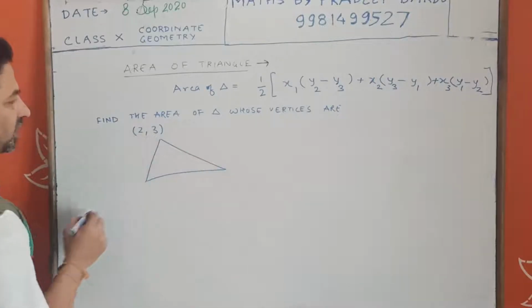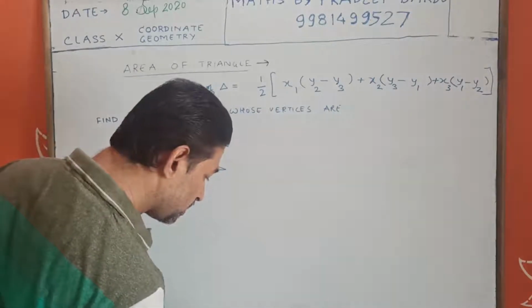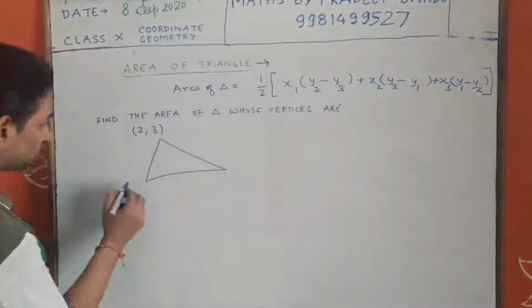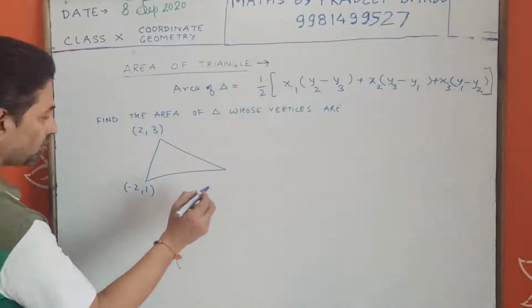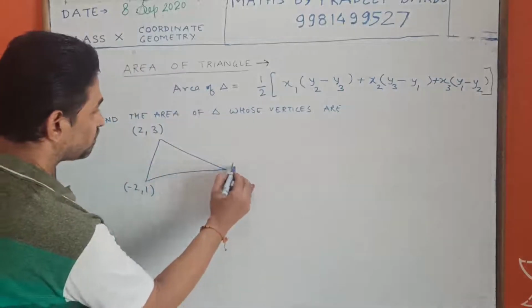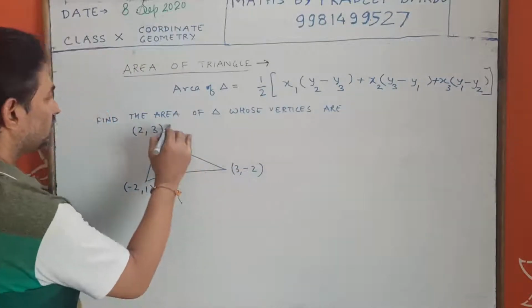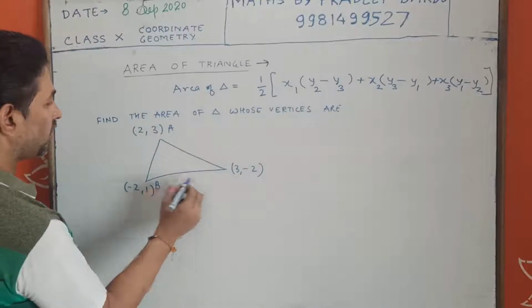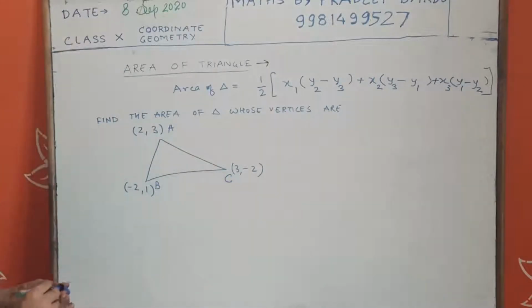Let's draw a rough figure, it becomes easy to solve. Minus 2 1, and third vertex is 3 minus 2. This is A, B, C.